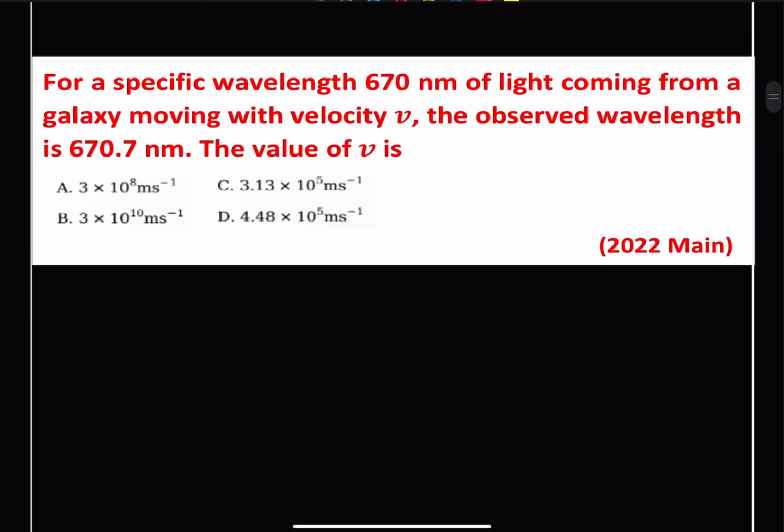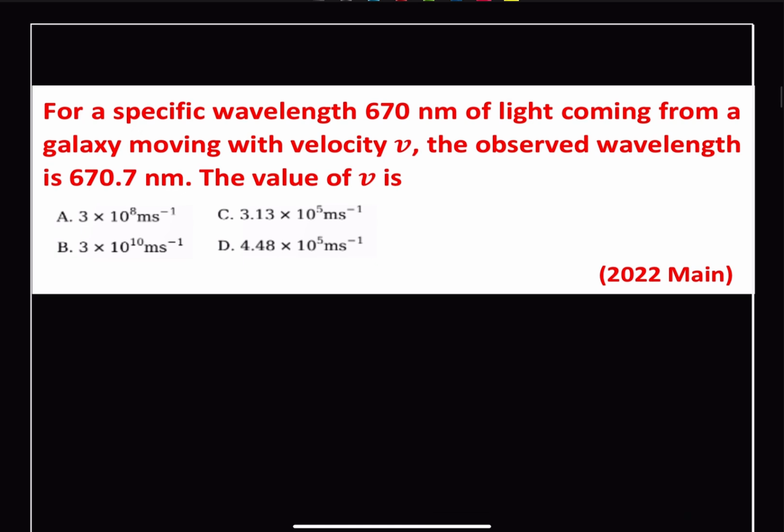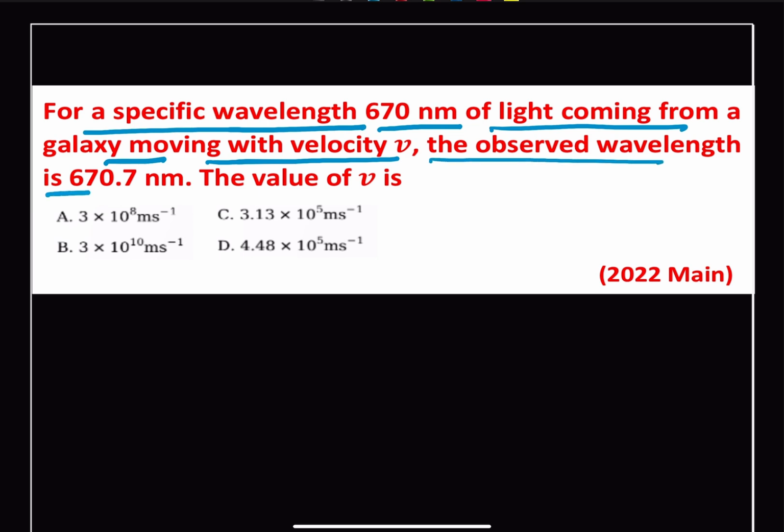Next question. We are given that for a specific wavelength, 670 nanometer of light coming from a galaxy moving with velocity v, the observed wavelength is 670.7 nanometer. The value of v is. So it is basically a relationship with the Doppler effect. Okay.